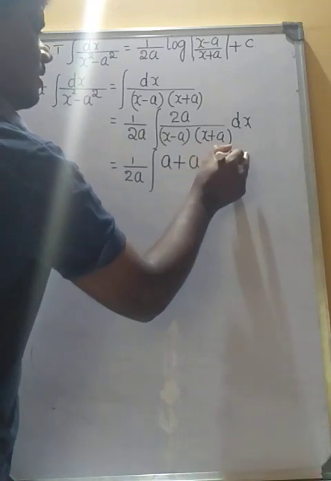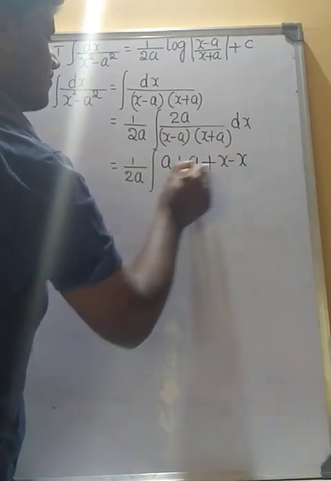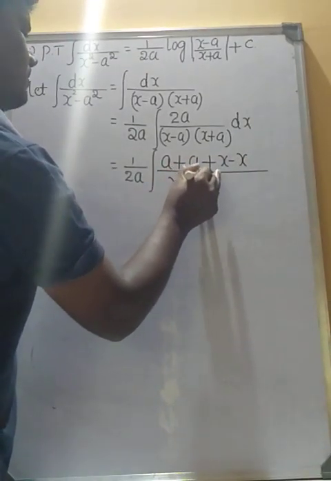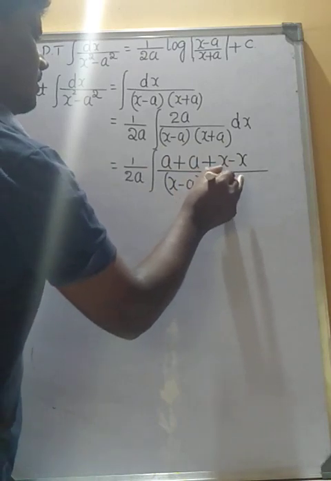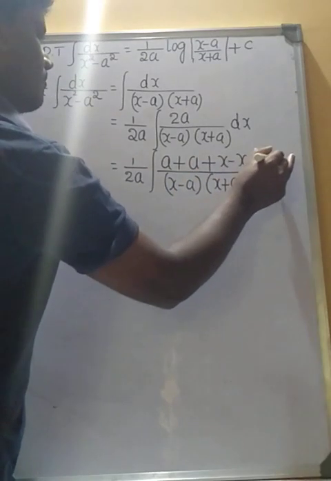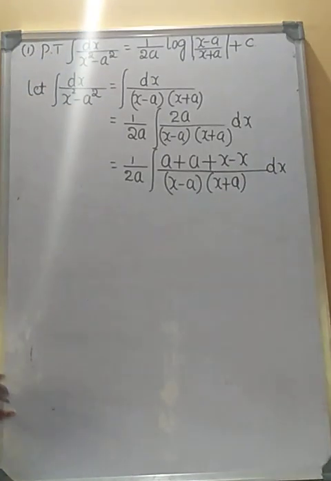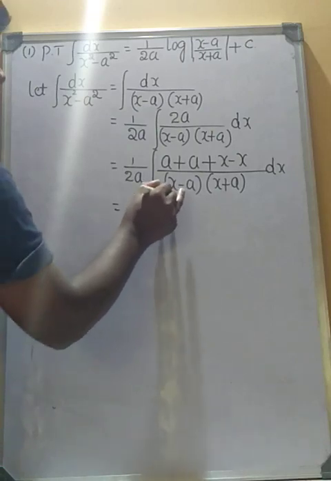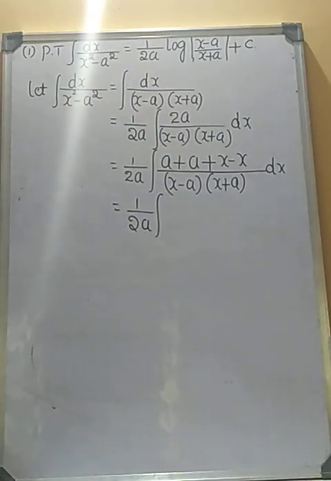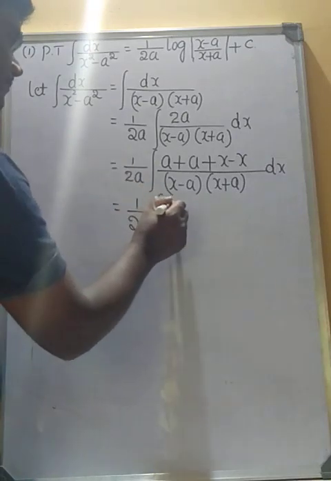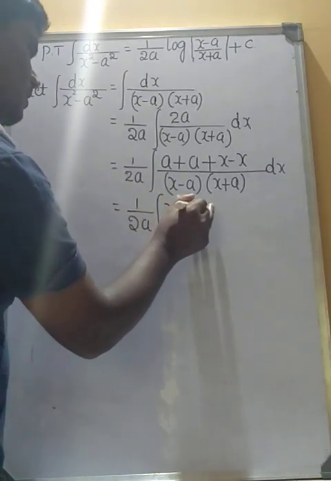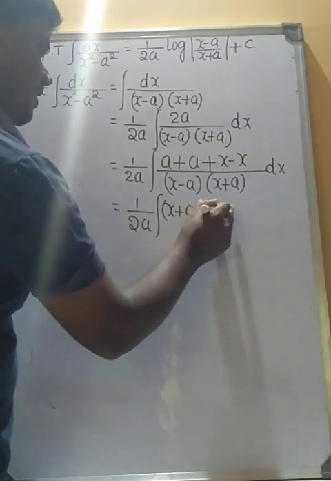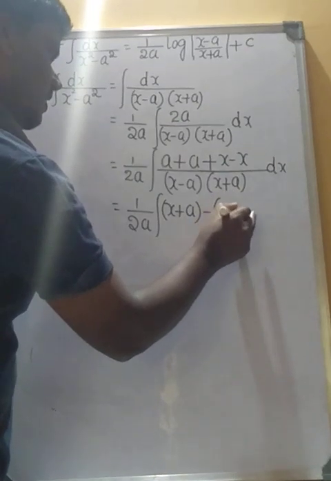Adding and subtracting x in the numerator, divided by x minus a into x plus a into dx. That equals 1 divided by 2a integral of x plus a, by grouping, x plus a minus of x minus a.